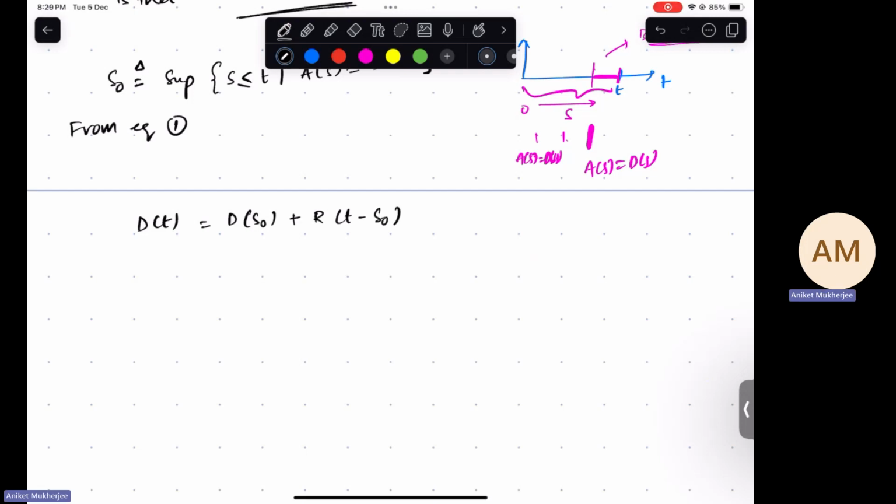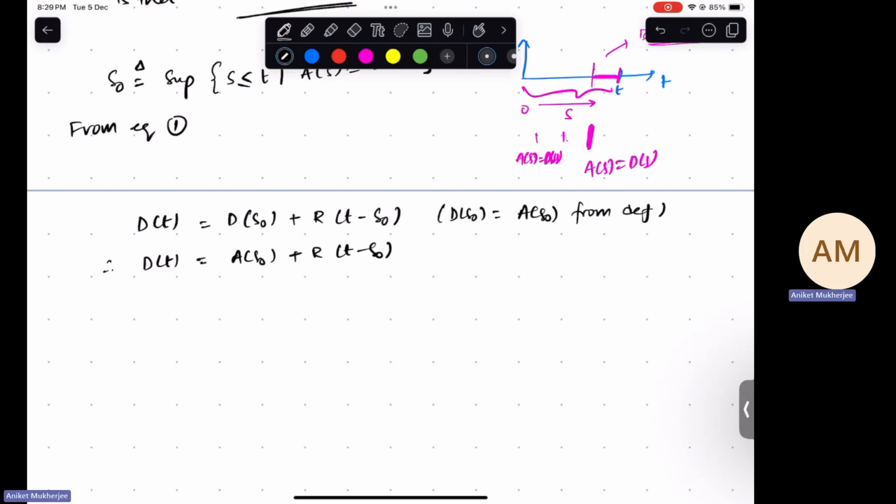Next, we know that ds0 equals as0 from the definition. Therefore, dt equals as0 plus r into t minus s0, right?